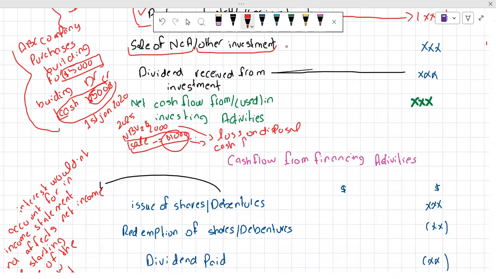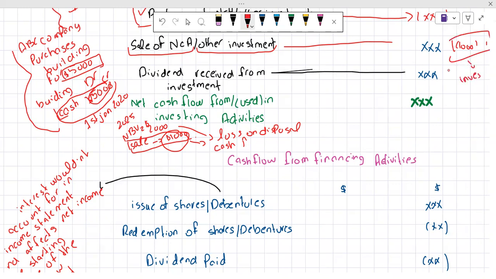So that is why we add 1,000 into investing activities.